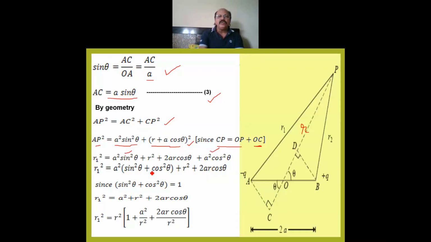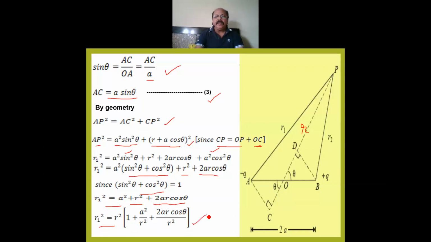From here we can take a square common, then within the bracket it comes sin square theta plus cos square theta, plus r square plus 2ar cos theta. Now you know that sin square theta plus cos square theta equals 1. So substituting this value, the expression becomes r1 square equals a square plus r square plus 2ar cos theta. Now from here you take r square common, then the expression becomes r1 square equals r square times 1 plus a square upon r square plus 2a cos theta upon r.